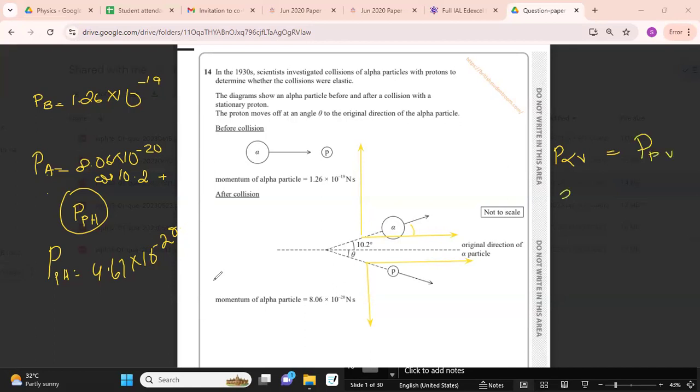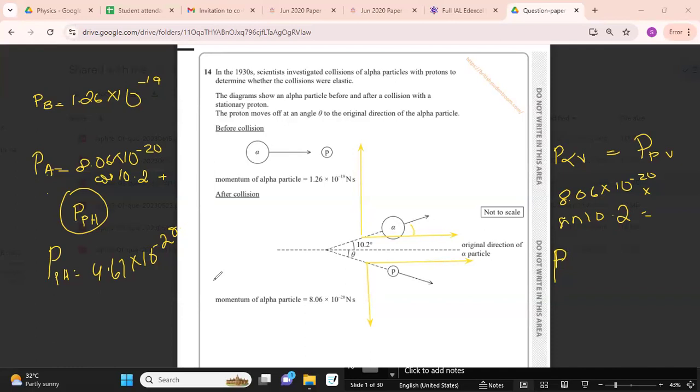That gives us 8.06 into 10 raised to the power of negative 20 multiplied by sine 10.2, whatever the value is, that is equal to the vertical component of our momentum.